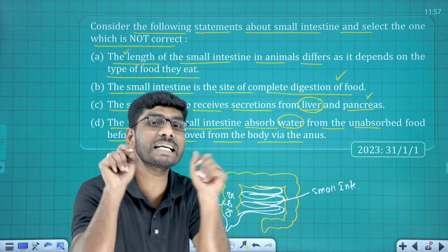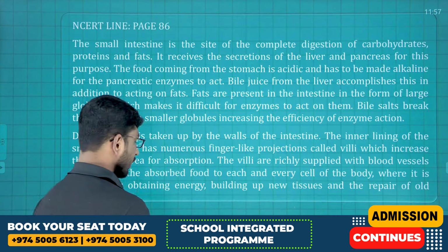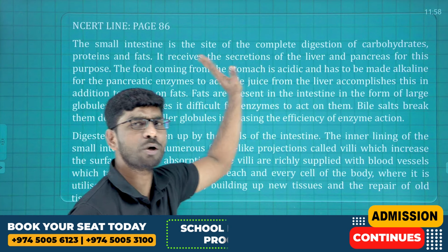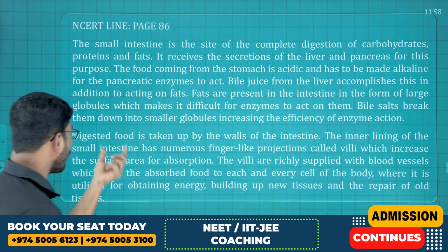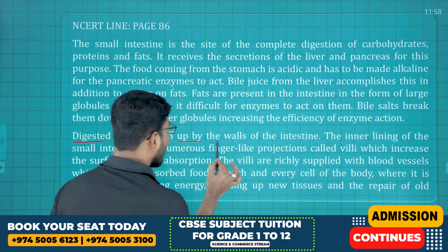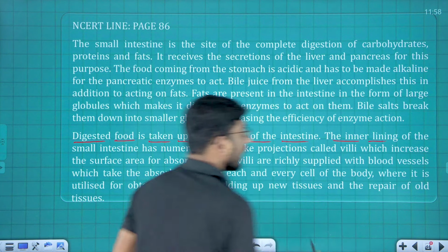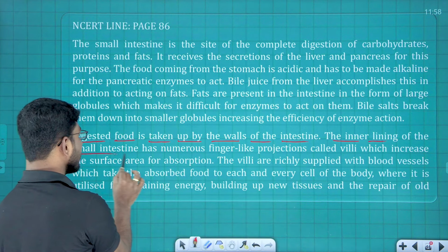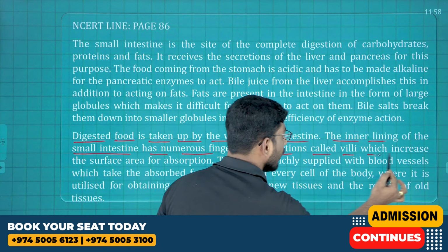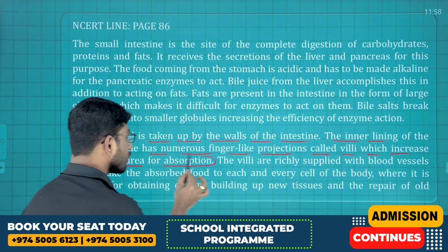So what is the incorrect statement? Sir, this is the incorrect statement. I would like to show you the point. Look here, this is the NCERT point. This paragraph is important, students. All of you mark this one. Digested food is taken up by the walls of the intestine. The inner lining of the small intestine has numerous finger-like projections called villi, which increase surface area for absorption.